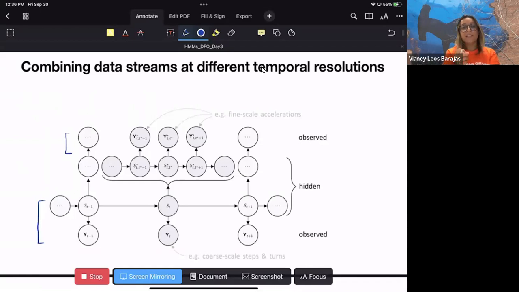So we can combine the data, we can identify behavioral patterns at multiple temporal scales and still model everything jointly. So if we collect observations at a finer temporal scale, we also can identify hopefully behaviors at that fine scale as well as connect a sequence of the fine scale behaviors with a larger scale behavioral state.